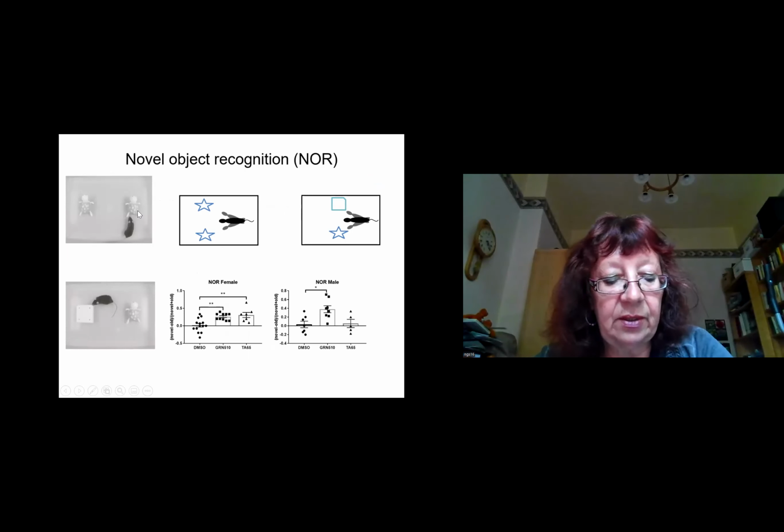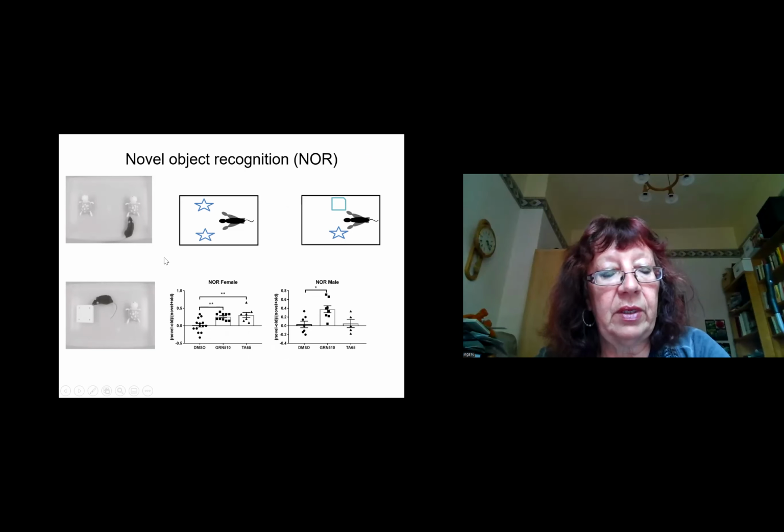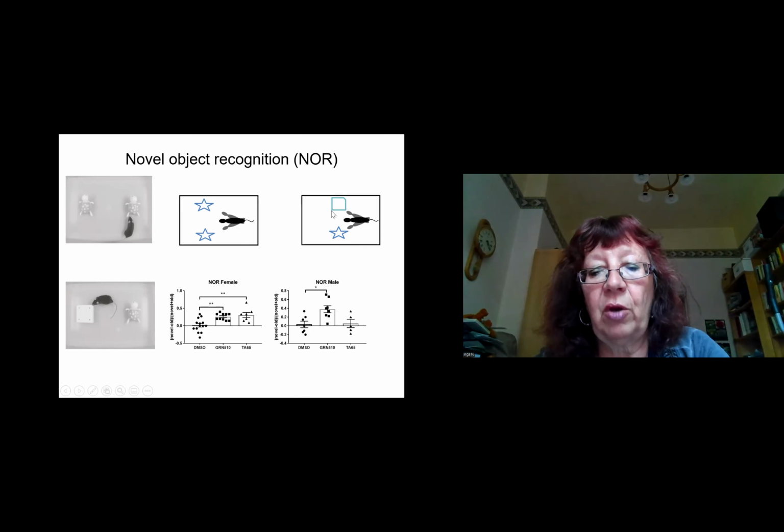So since we couldn't do other more sophisticated analysis of cognitive functions due to the locomotor compromise, otherwise we would have done things like a Barnes maze, we used a novel object recognition, where the mouse first has two similar objects and then a similar object and a novel object.